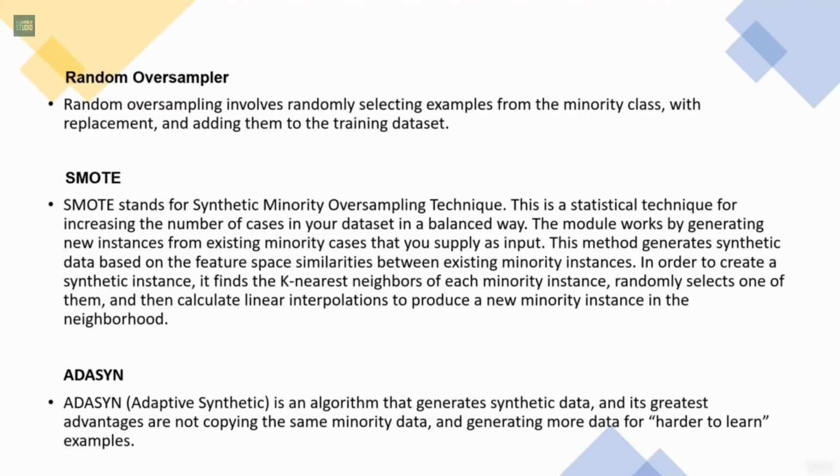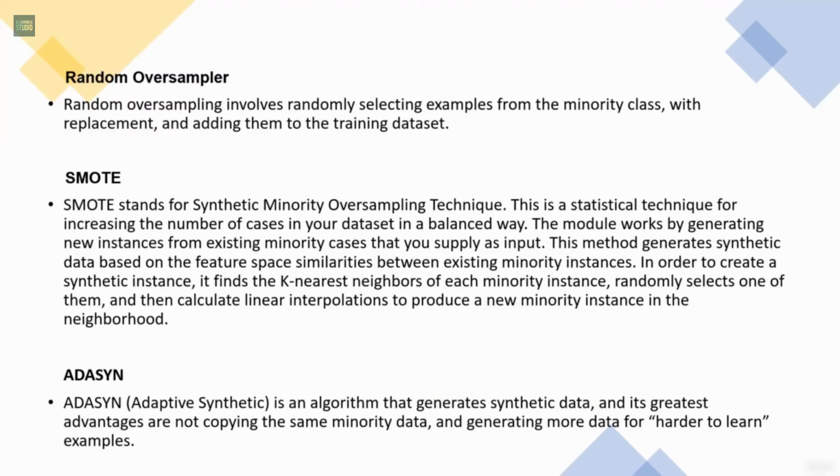SMOTE stands for synthetic minority oversampling technique. This is a statistical technique for increasing the number of cases in your dataset in a balanced way. The module works by generating new instances from existing minority cases that you supply as input. This method generates synthetic data based on the feature space similarities between existing minority instances.